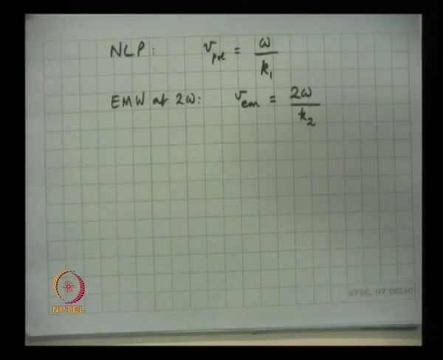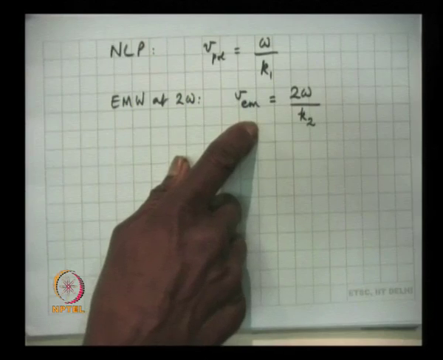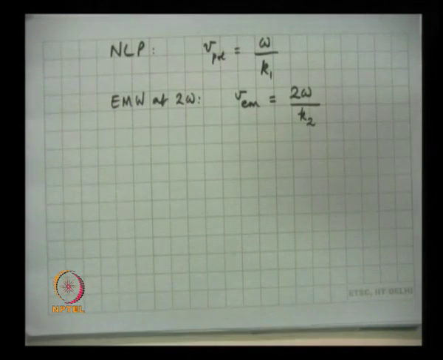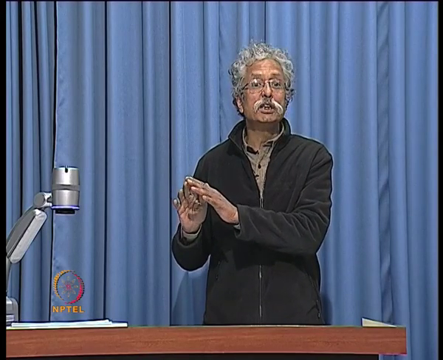Now, you see, this nonlinear polarization is the source of this electromagnetic wave, and if the source should keep on continuously feeding energy into the electromagnetic wave, these two velocities must be equal. If the source velocity and the velocity at which it is generating the wave are not the same, they are not travelling together, it will not feed continuously. The energy that is being fed into the 2 omega frequency will not keep on adding constructively.